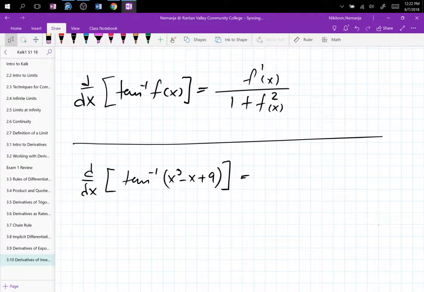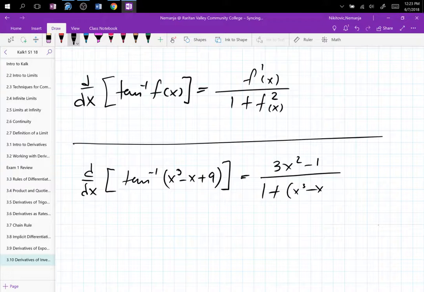Okay, the formula is right up there. The derivative of the argument is 3x squared minus 1, and then we have 1 plus x cubed minus x plus 9, everything squared. Done deal. That's it. Let's work one more out.